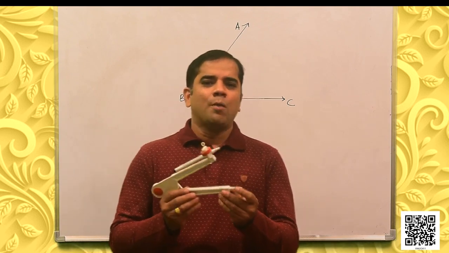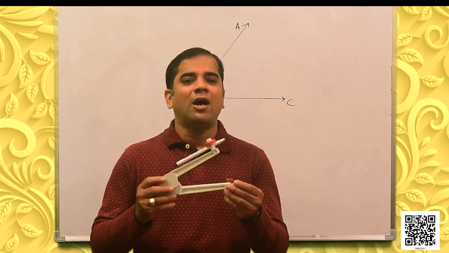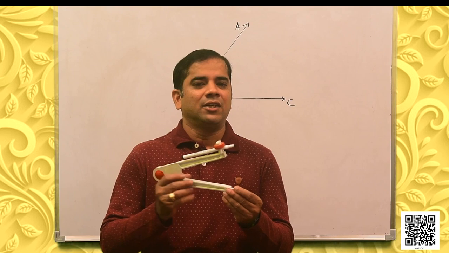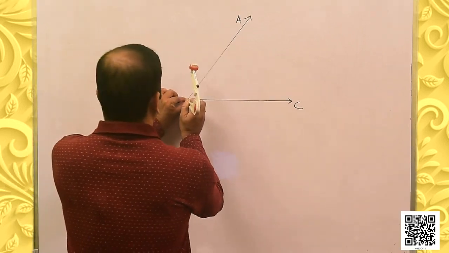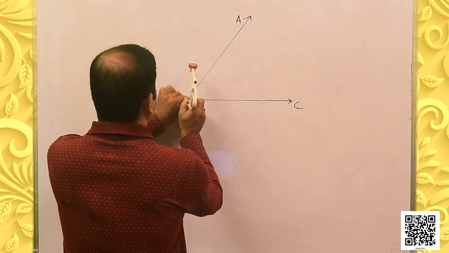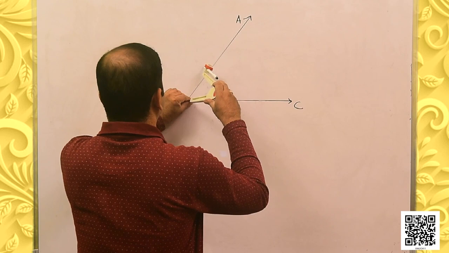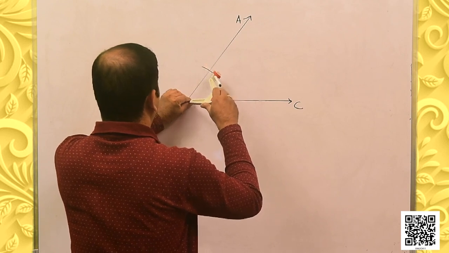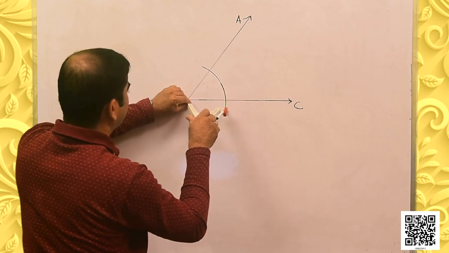Now I need to put the point of the compass at B because I need to draw the arc of a circle. So let us do it. Putting the point of the compass at point B, I am drawing an arc of the radius. Fine.